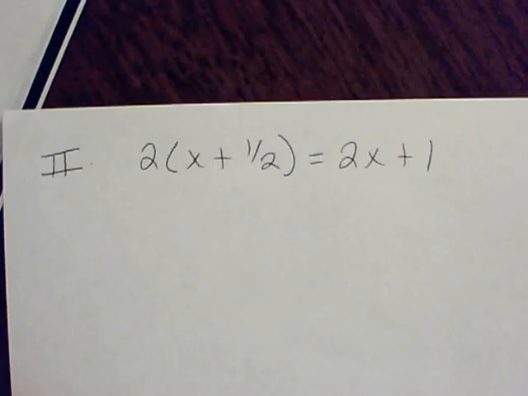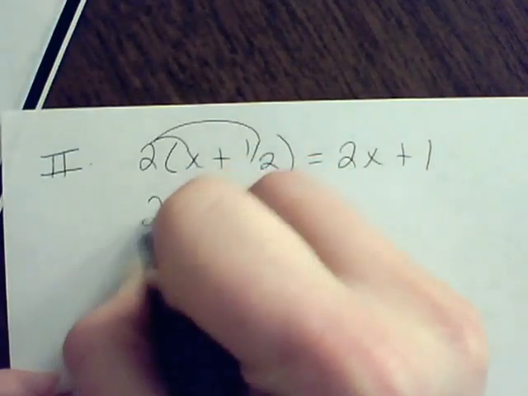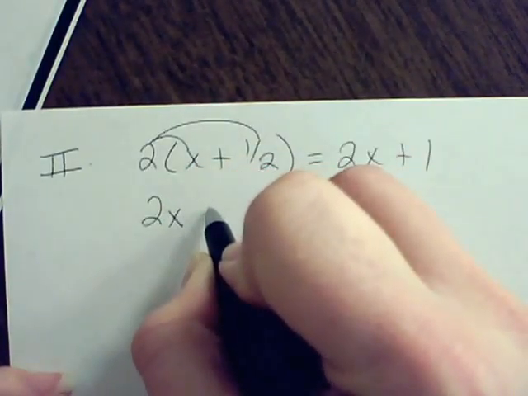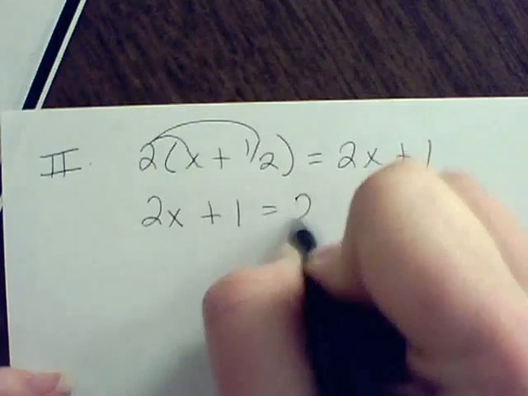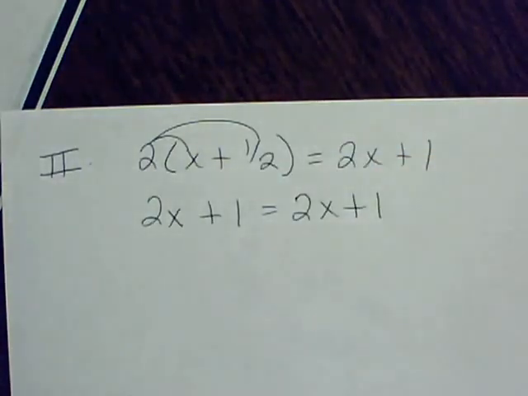Equation 2: 2x plus 1/2 equals 2x plus 1. What is the first step? Distribute. So what do you get? Okay, now what?